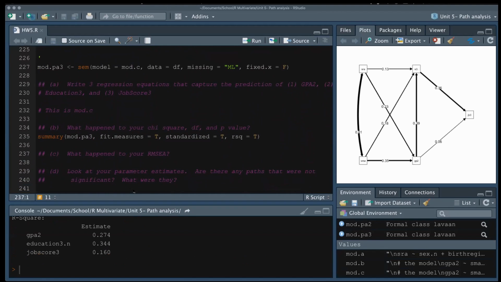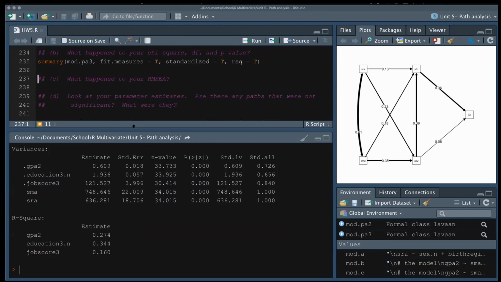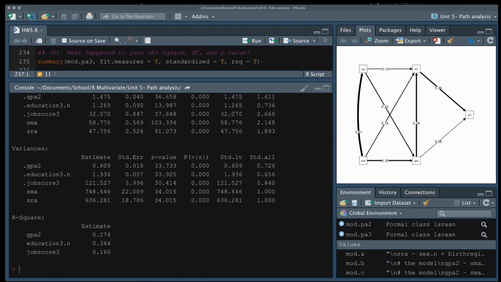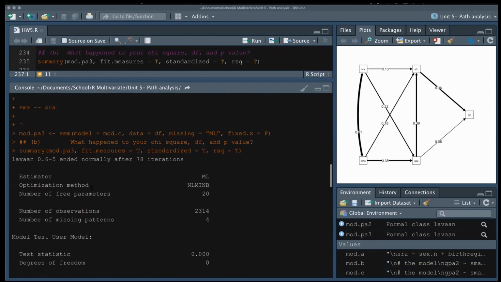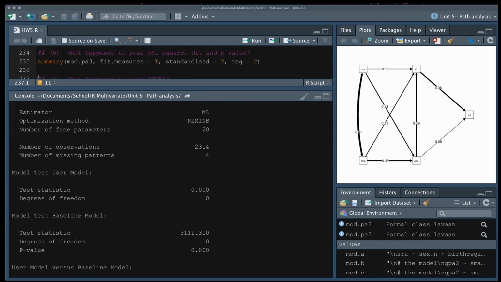So then when we look at our summary, what happened with our chi-square and degrees of freedom here?